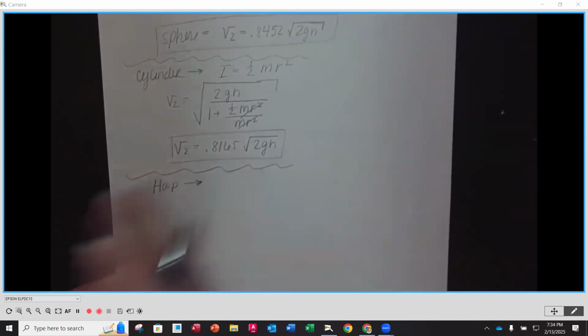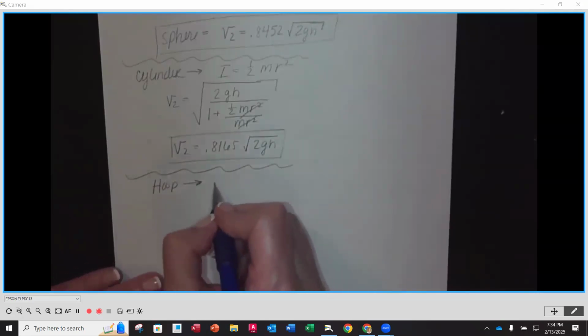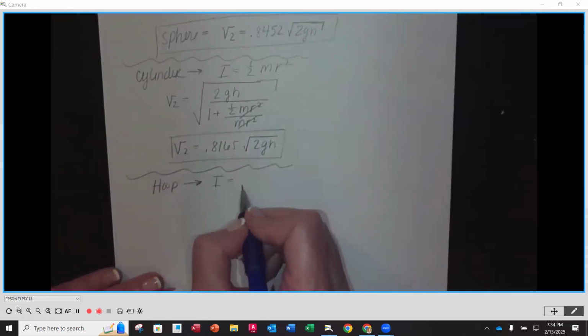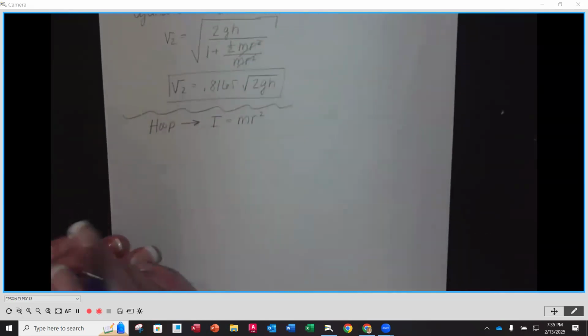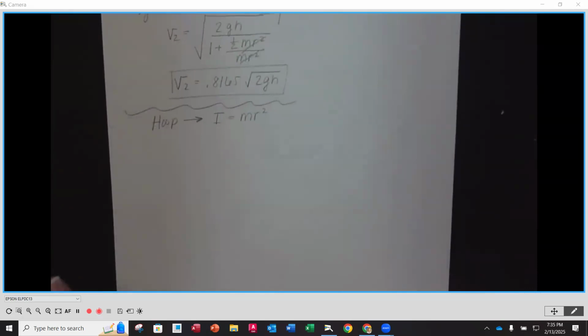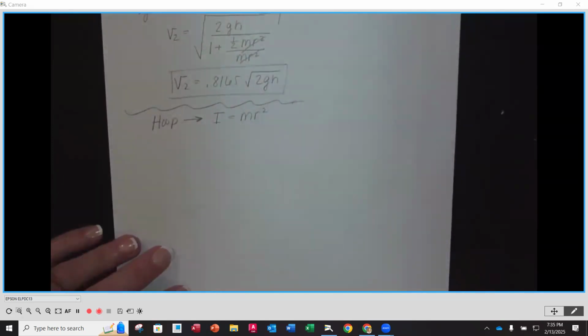We calculated moments of inertia and then which one is going to get to the bottom of the incline fastest. So kind of a little race. We know that I for a hoop is MR squared. We did exactly that. Yeah, it's classic. And that's why I wanted to do this example, because now you can see it in these terms as well.